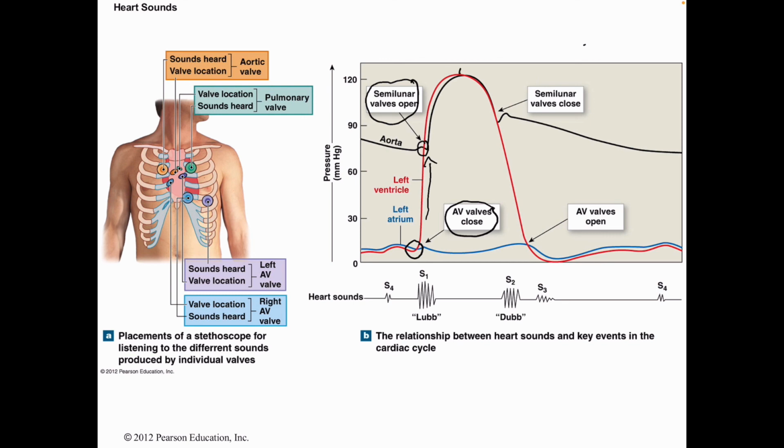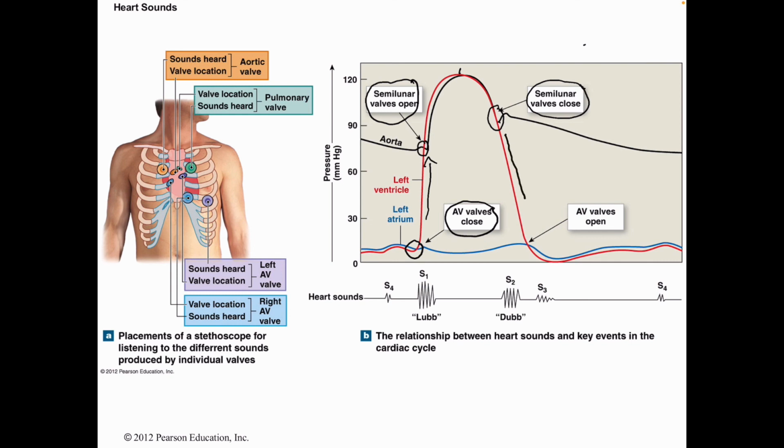Now, as the left ventricle starts to relax, the pressure will fall until we get to a point where the pressure in the left ventricle is lower than the pressure in the aorta. Now that could cause the blood to go back into the left ventricle, so this pressure change then causes the semilunar valves to close, preventing the backflow of blood and causing our second heart sound.